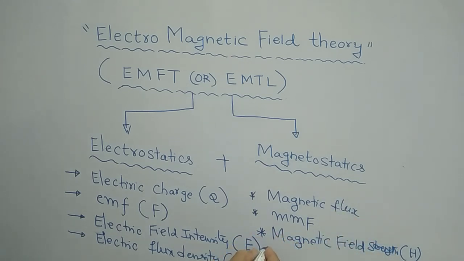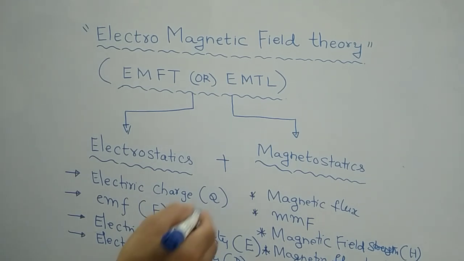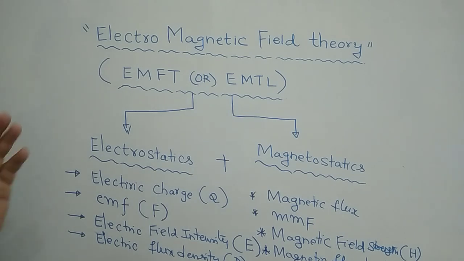And then magnetic flux density is another parameter, denoted by capital B. These are the very important standard notations to be used under electromagnetic field theory, right?